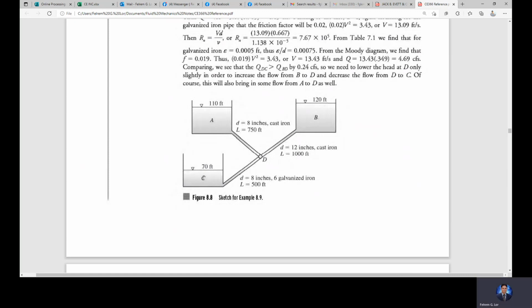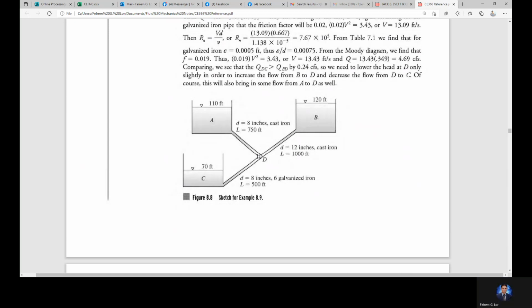Also, at point C, we know that the direction of the flow is from point D to point C, because point C is the lowest elevation among the three. So from D to C, it always flows. What we do not know is the direction of the Q of pipe A, whether it's from D to A or from A to D.